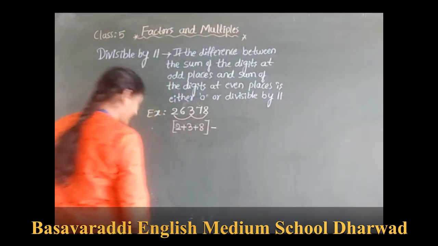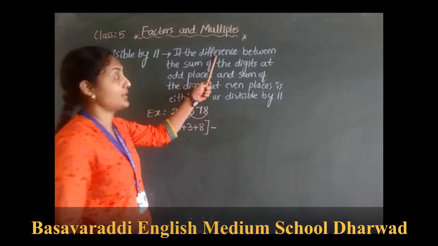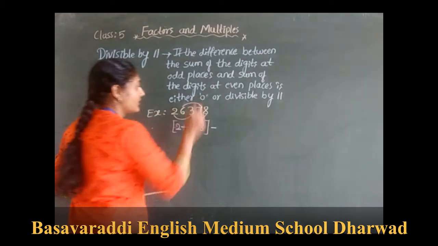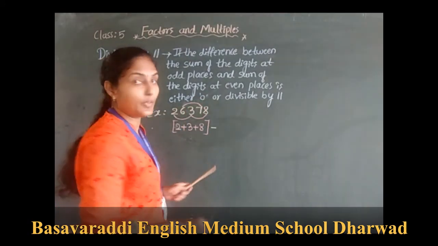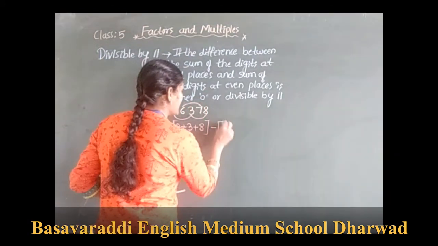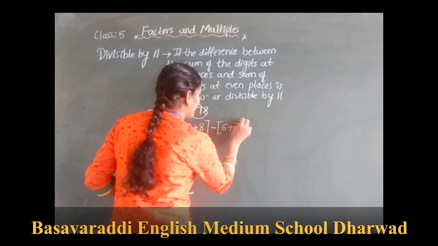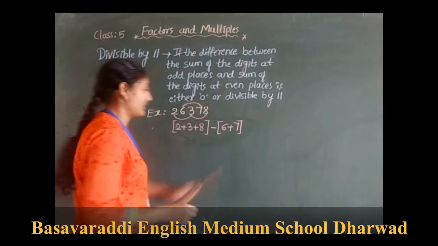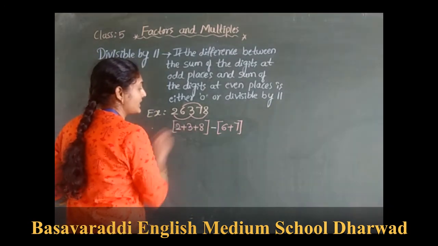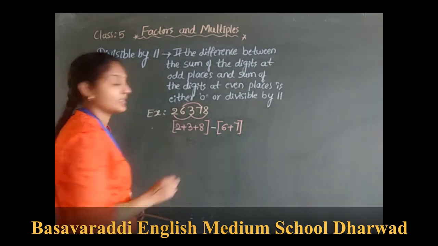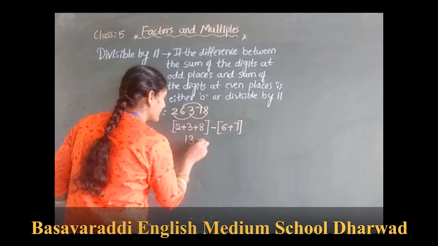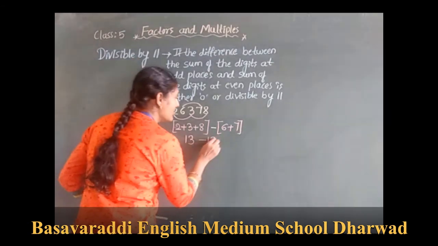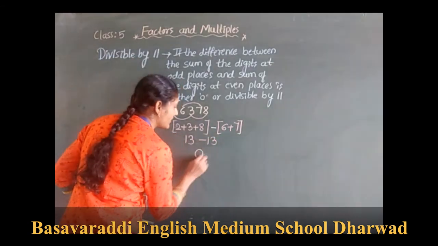Yes, write the subtraction there. Why? Because in the rule there is a difference between them. So the remaining numbers, the 6 and 7, these two digits are in the even places. So 6 plus 7, the sum of the odd places and the sum of the even places. That means 2 plus 3 is 5, 5 plus 8 is 13, minus 6 plus 7 is 13. So 13 minus 13 is 0 there.